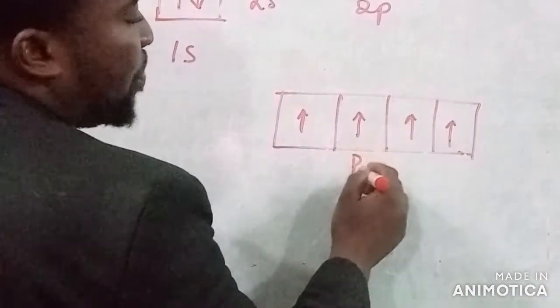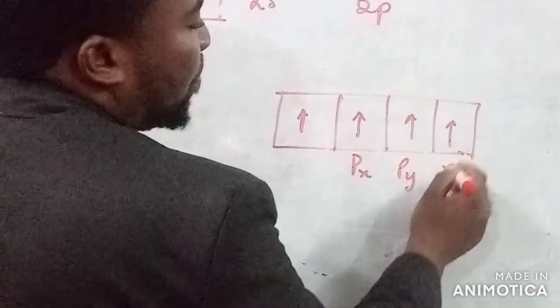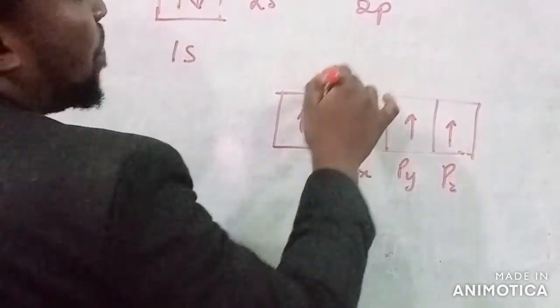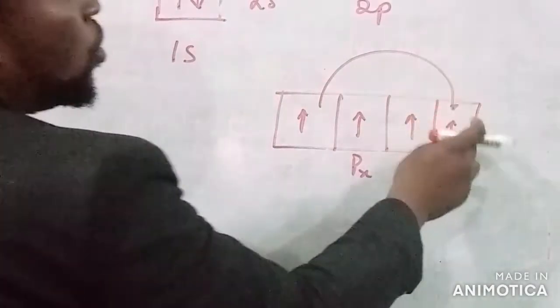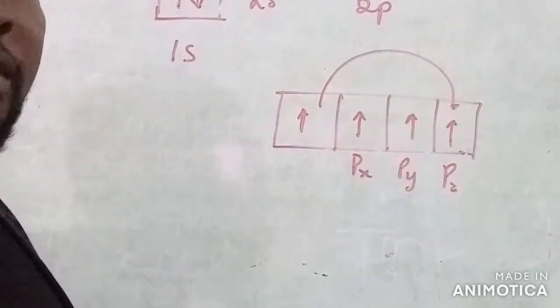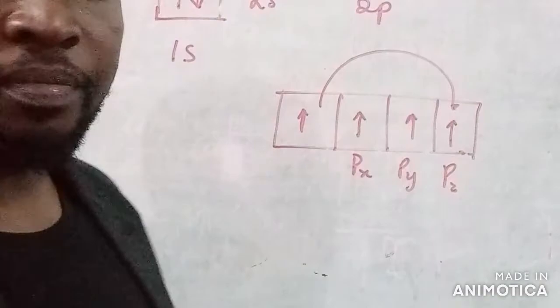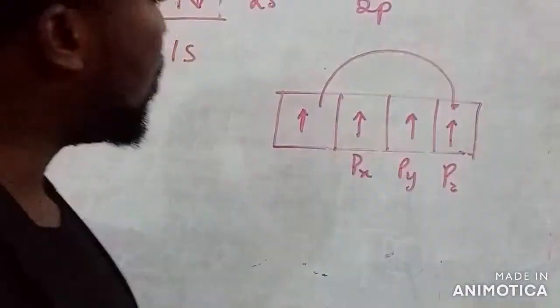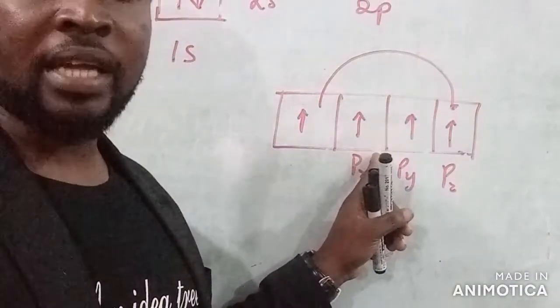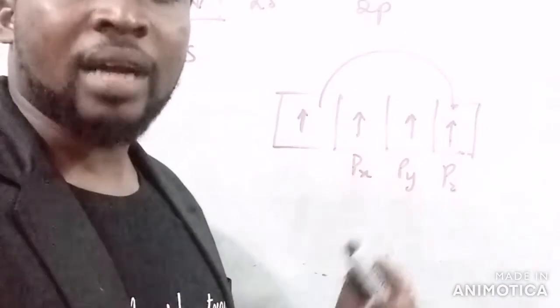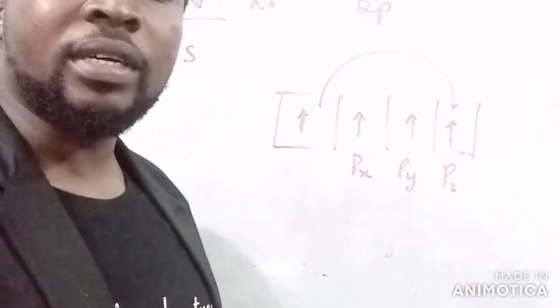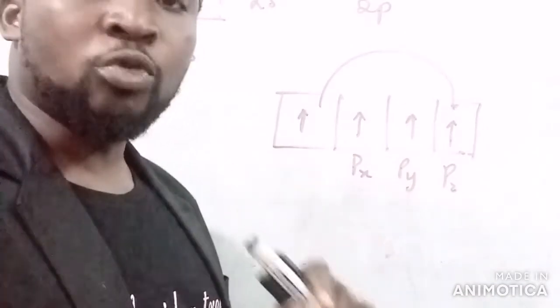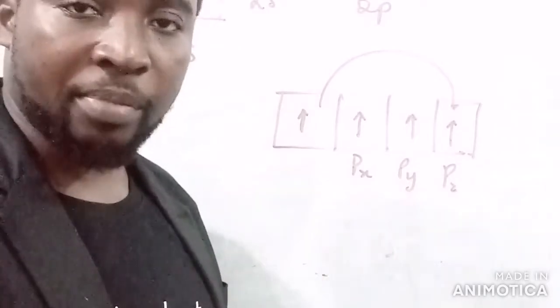So remember, this is the px, the py, and the pz. One electron has been promoted from this point to the vacant pz orbital. All right. So this is the state at which carbon can hybridize. When carbon is at an excited state, that is when it can hybridize.